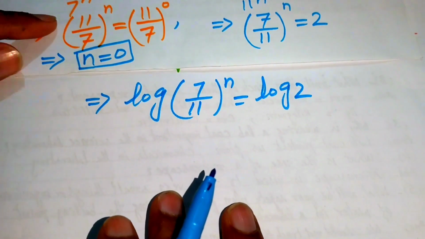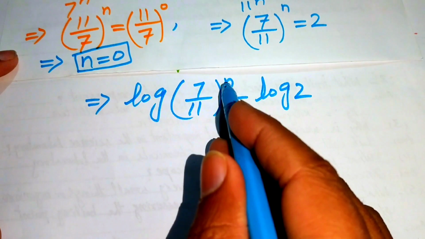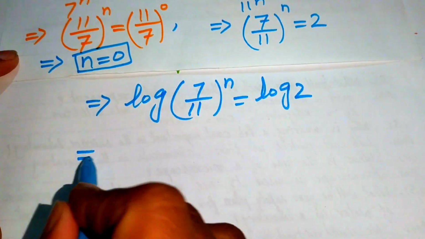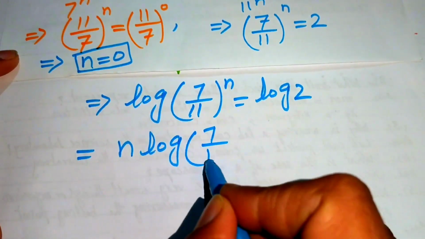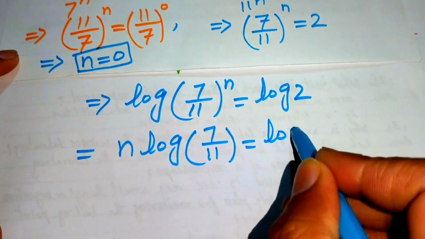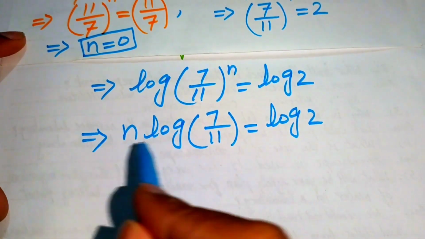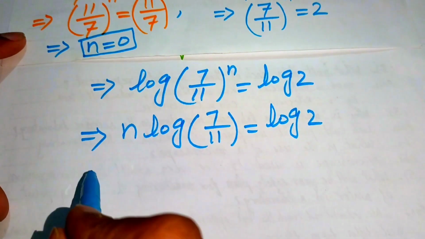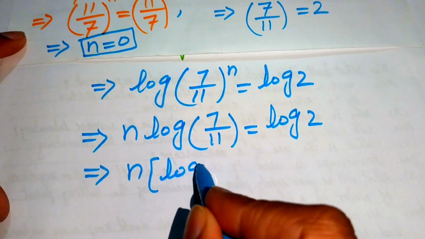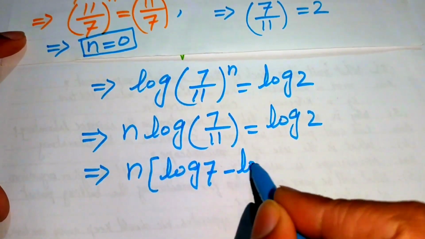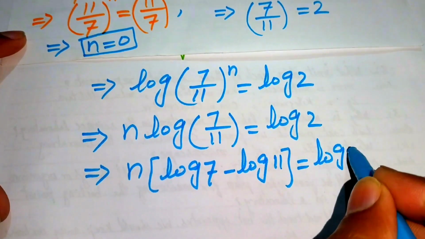And now in the next step we use the property of logarithm, and we move this exponent n in front of this log, and we write it as n times log 7 over 11 equals log of 2. And in the left hand side we again use the property of log, and we write this fraction as n times log 7 minus log of 11, and it equals log of 2.